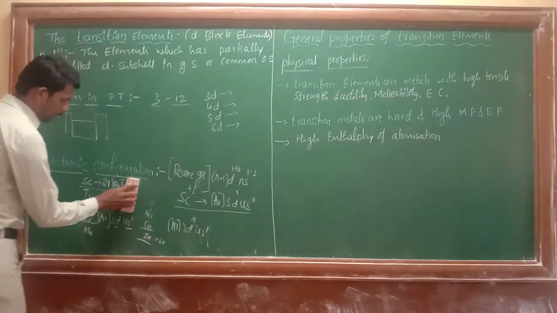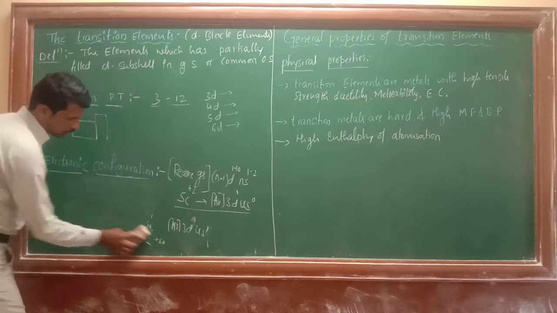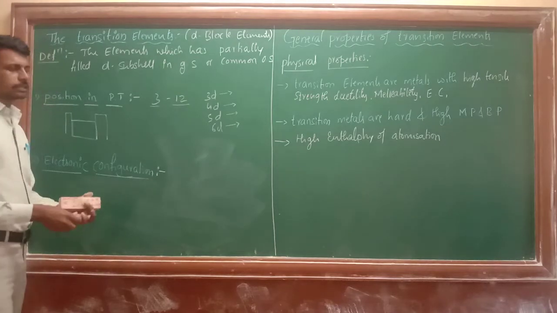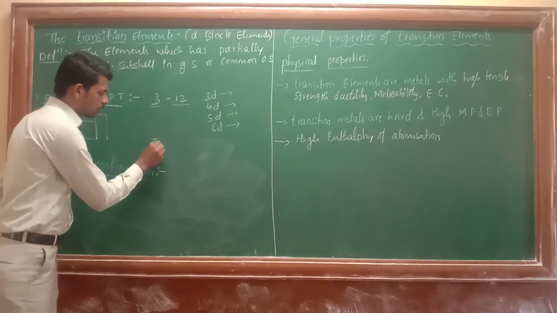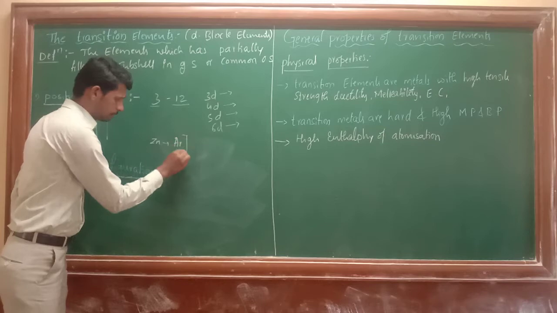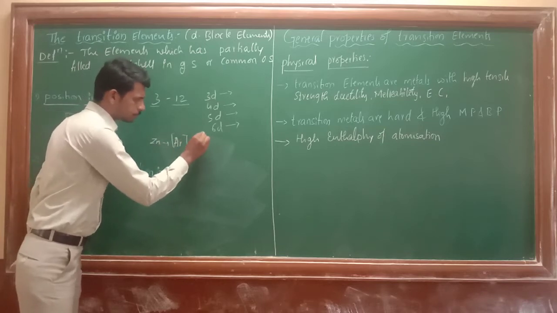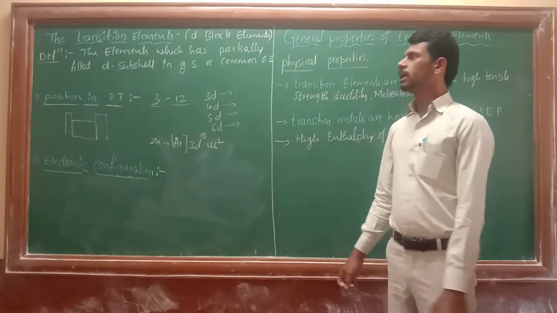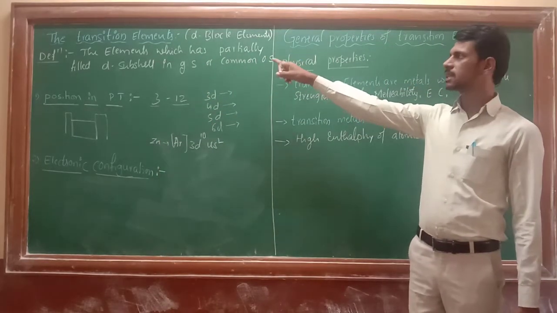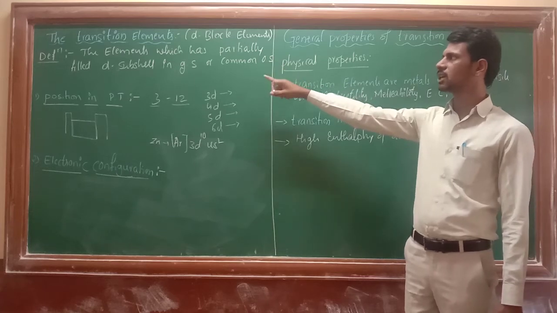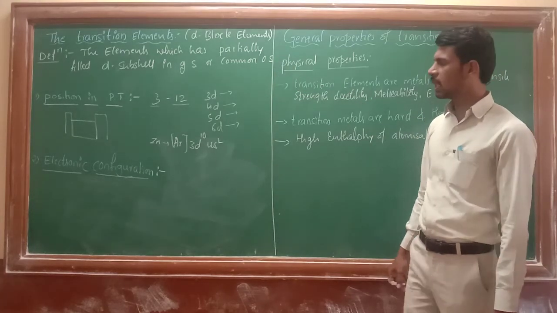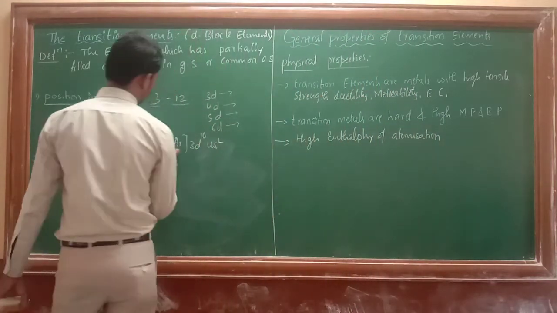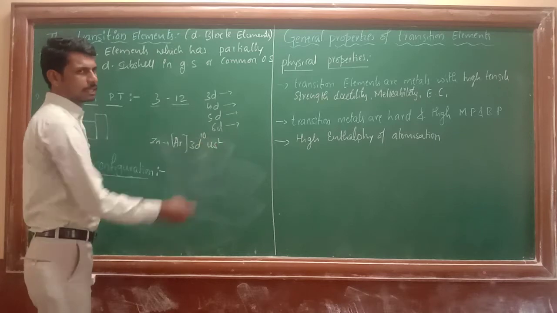This is about the electronic configuration. Then another one: if you take zinc, its electronic configuration is argon 3d10 4s2. According to our definition, elements which have partially filled d subshells in the ground state or in the common oxidation state belong to the d block elements. But zinc has argon 3d10 4s2 in the ground state.